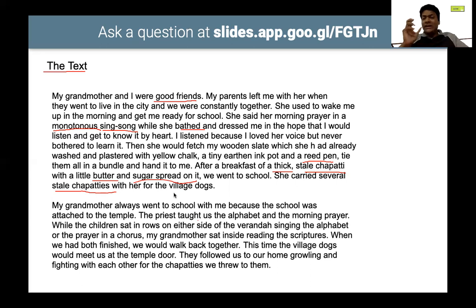A tiny earthen ink pot was also given, and a reed pen. An ink pot is a kind of clay pot. Earthen means clay-made pot, right? In it, some ink is there, and a reed pen is also bound into it.